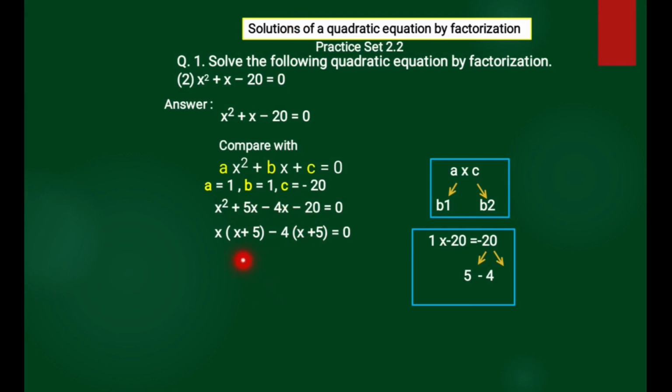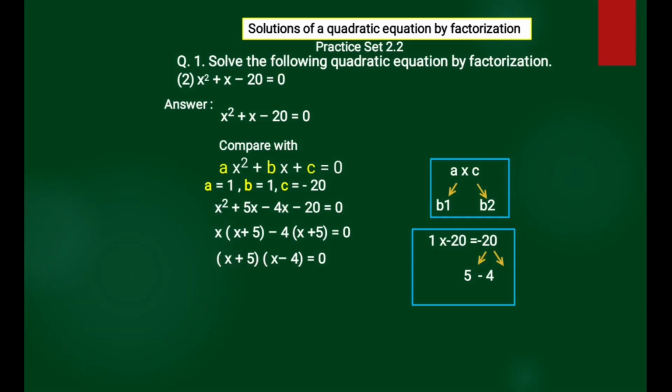Now we have to take x plus 5 common again. Taking x plus 5 common we get x plus 5 and in another bracket x minus 4. So the factors of the given quadratic equation are x plus 5, x minus 4. Now we have to find its solution. Again we use a into b equals 0, which means a equals 0 or b equals 0.